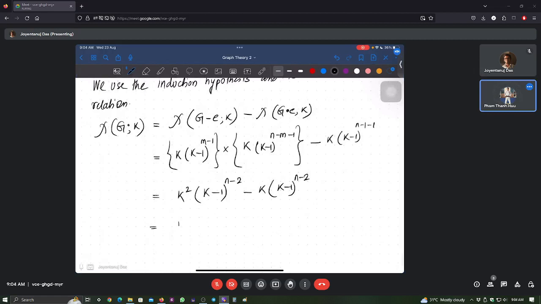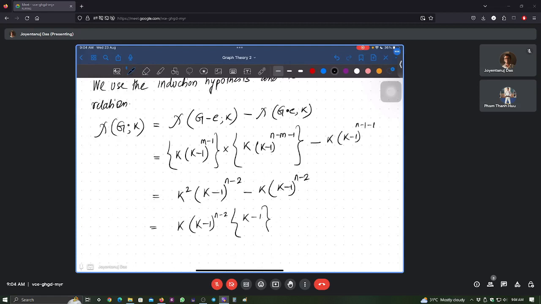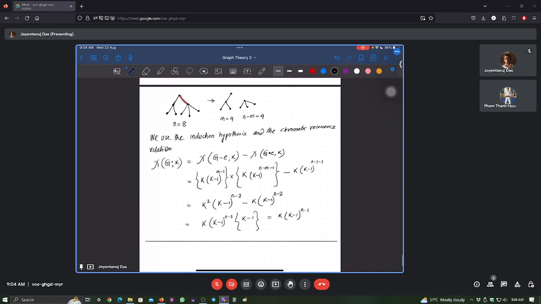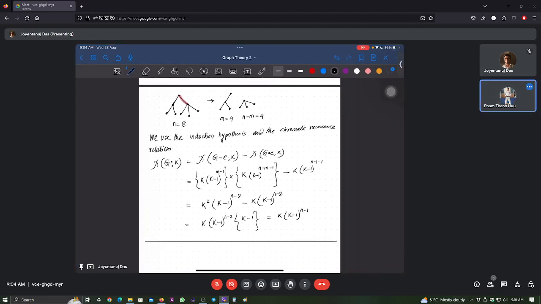So we can take this k into k minus 1 to the power n minus 2 common, then we have k minus 1, n minus 1. So we have done using induction.